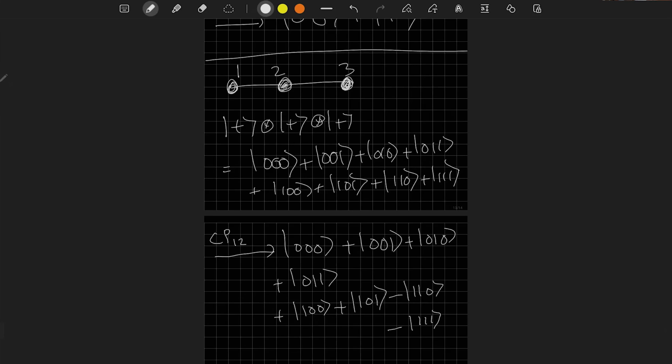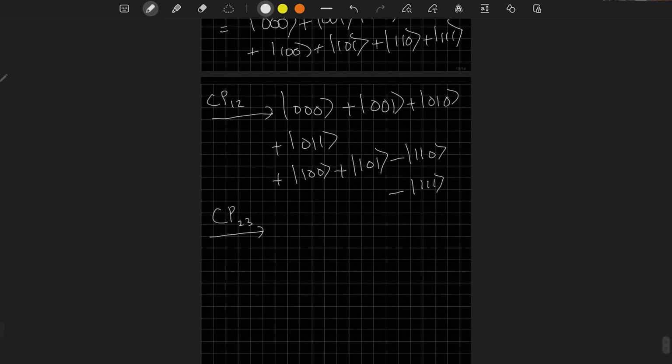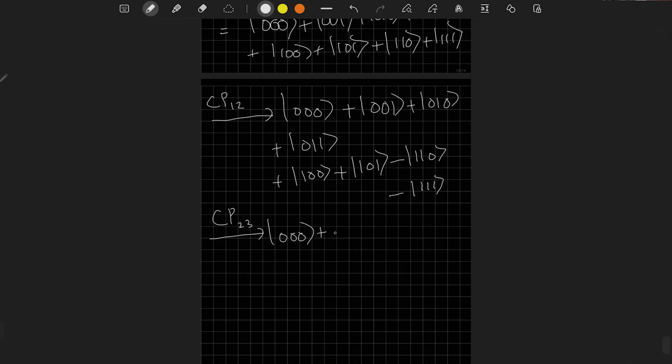That's between 1 and 2. And now let's apply between 2 and 3. And this is what it is.